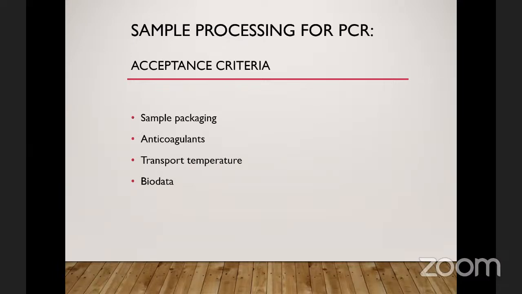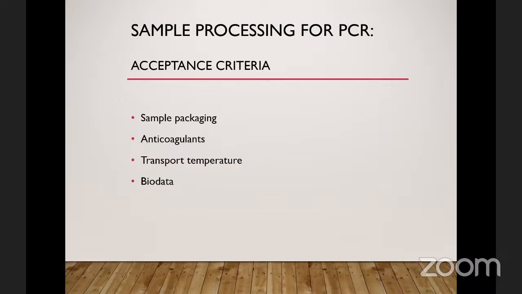So sample processing for PCR, it is very important that we take sample processing seriously for PCR. Like every other laboratory procedure, the reception of sample in the lab tells a lot about the quality of results you are going to get.